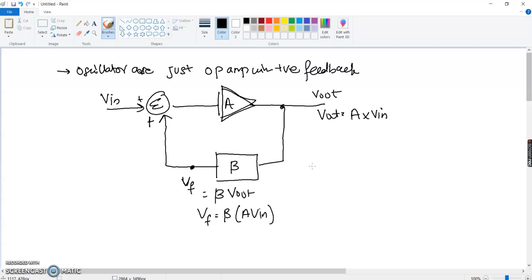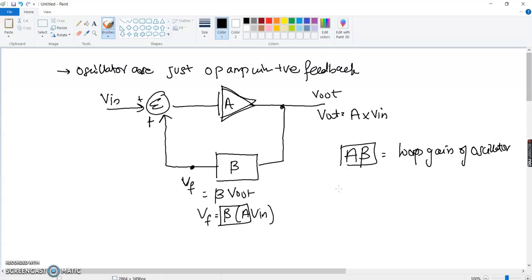That brings us to a very important discussion, which is about A and beta. The product A beta is called the loop gain of the oscillator. This value would define the loop gain of the oscillator, right?